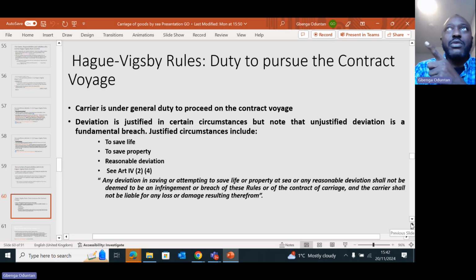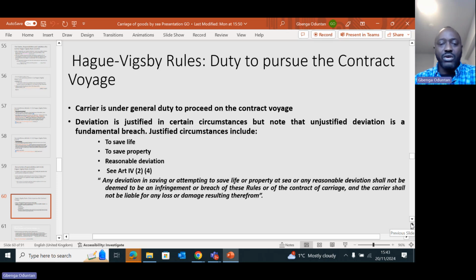Unless the deviation can be placed under certain headings of exceptions, such as that the deviation was to save life or to save property, like another ship or the ship that is carrying the goods itself. If there's a way to prove that there was reasonable deviation, that might prove important.